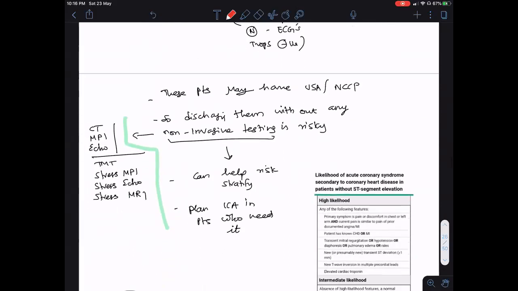So various modalities are available in a non-invasive testing format, which includes non-stress, that is CT, echo, or stress, which includes MPI, echo, etc. All these can help in risk stratifying, and once the risk stratification happens, we can plan doing an invasive coronary angiogram.